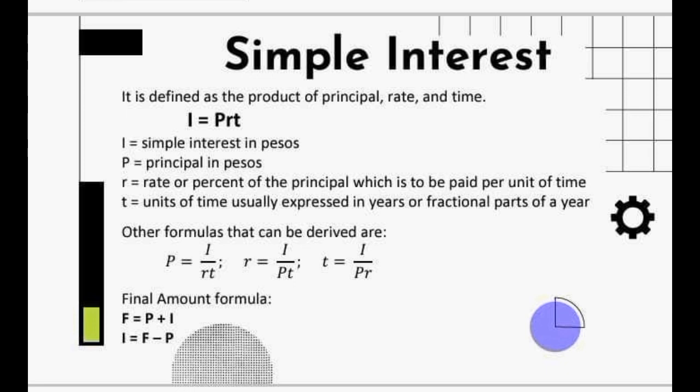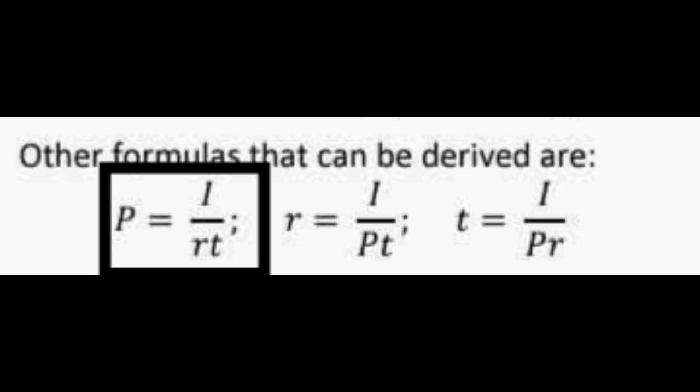I is simple interest in pesos, P is principal in pesos, R is rate or percent of the principal which is to be paid per unit of time, T is units of time usually expressed in years or fractional parts of year. So this time we will use the formula P equals I over RT.